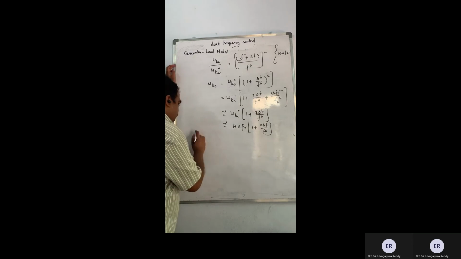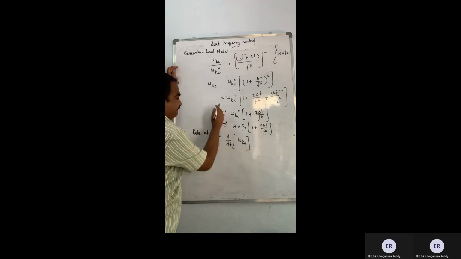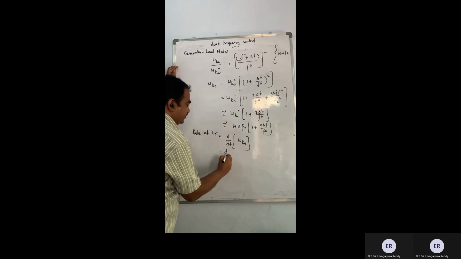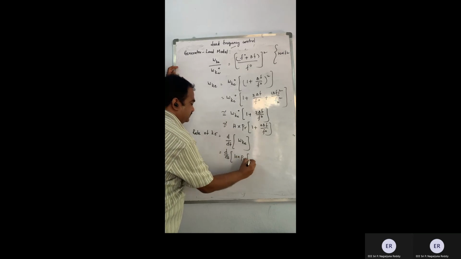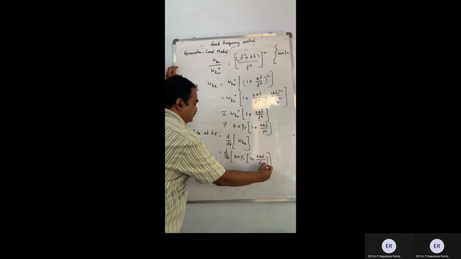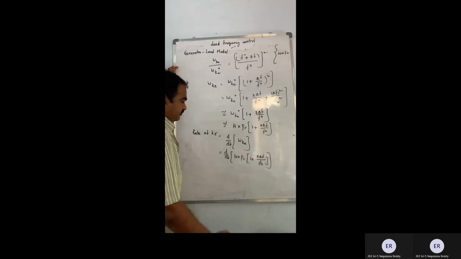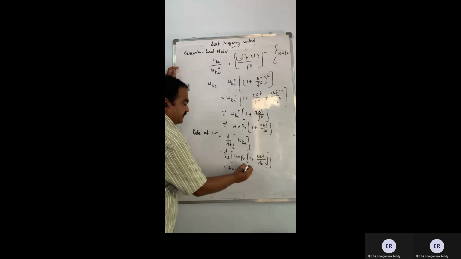So now, the rate of kinetic energy is given by d by dt of W K, which is equal to d by dt of H into PR into (1 plus 2 delta F by F naught). Out of all these things, H is a constant, PR is also a constant.